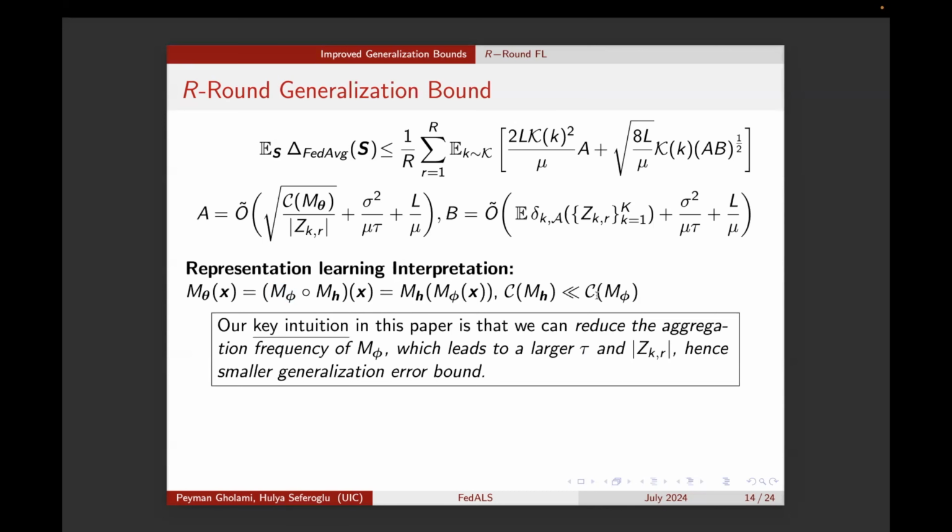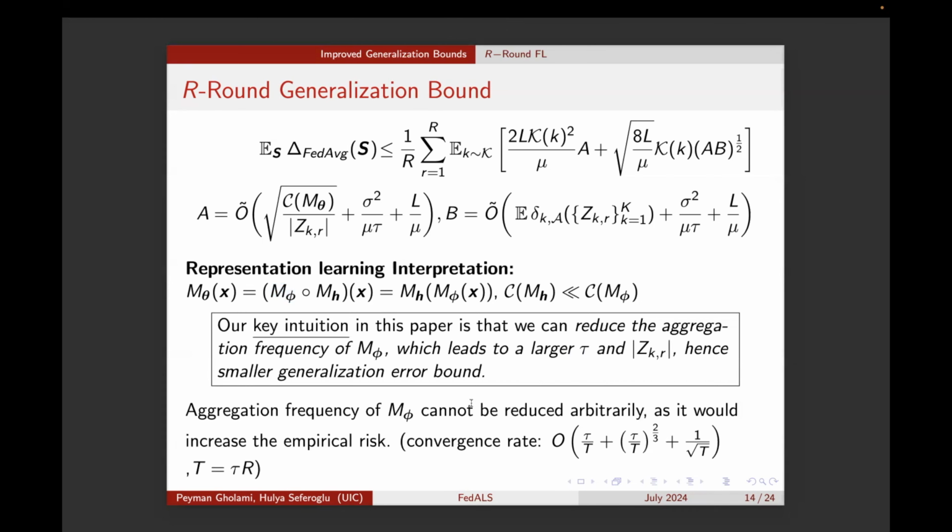But here we need to consider that we can't just reduce the aggregation frequency of the first part of the model arbitrarily, because it will increase the empirical risk and affect the empirical risk optimization adversely.